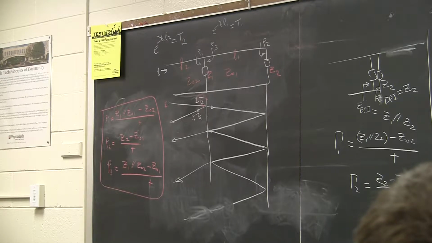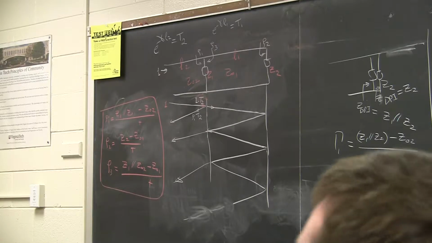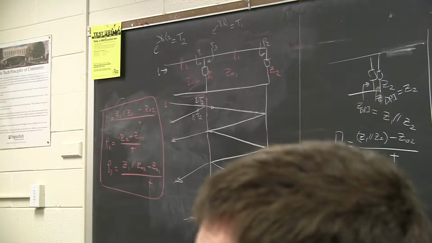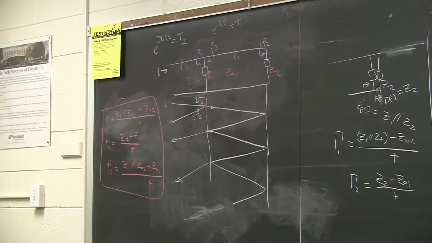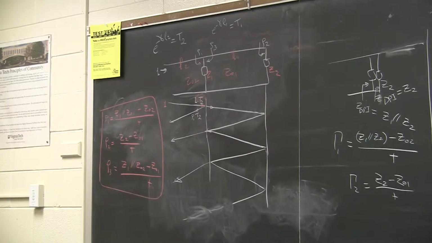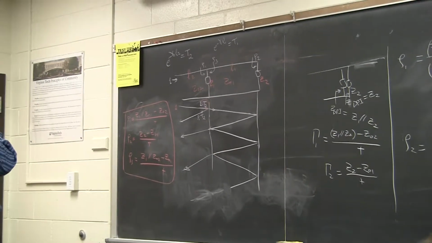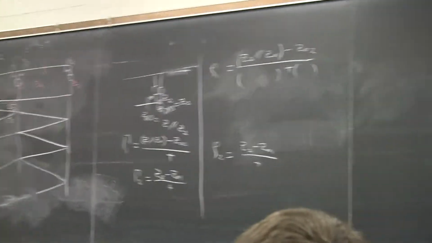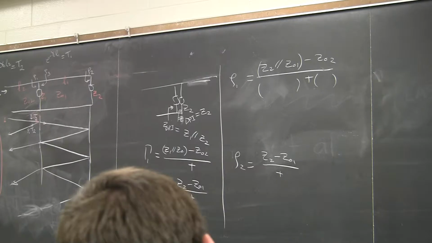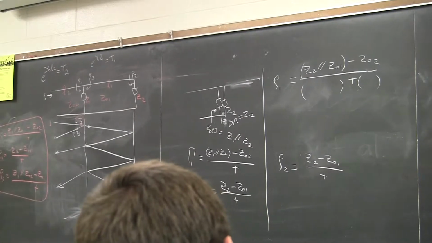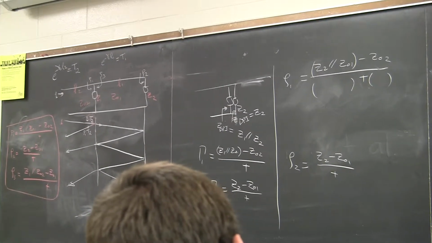Why is it plus? You need the plus because the phase is determined in rho already, whether it's minus or plus. So if it's plus, it would add on top of the incident wave. If it's minus, then it would subtract. So why do you add it instead of subtracting? Because whether the incident wave and the one that's transmitted are in phase or not is already determined in the sign of rho.